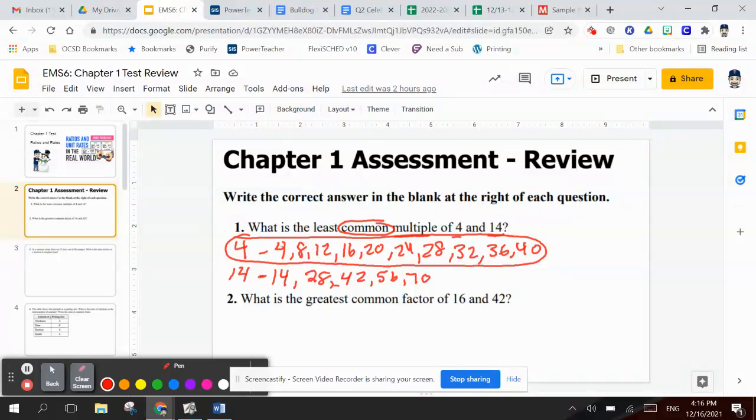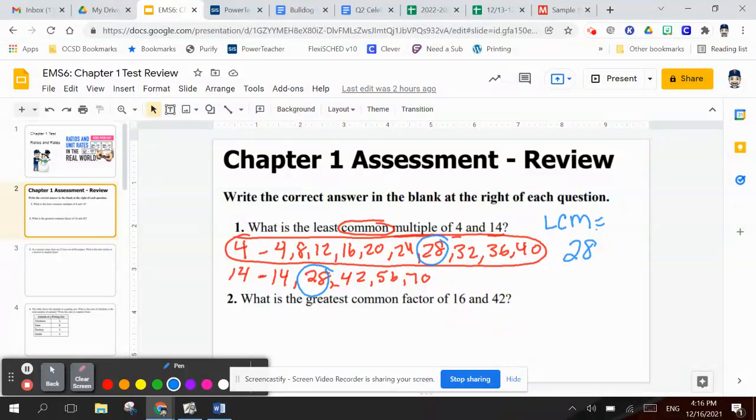Well, there's no 4, there's no 8, there's no 12, there's no 16, there's no 20, there's no 24, there is a 28, there's no 32, there's no 36, and there's no 40. So here we've circled all the common multiples. Now I want to know what's the least common multiple. So the smallest number of the ones that we circled, which is 28.